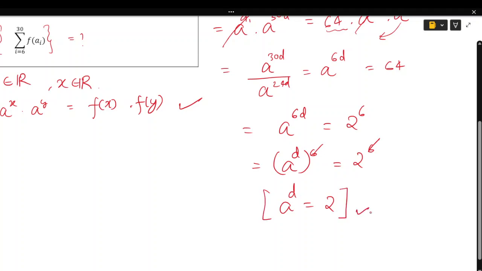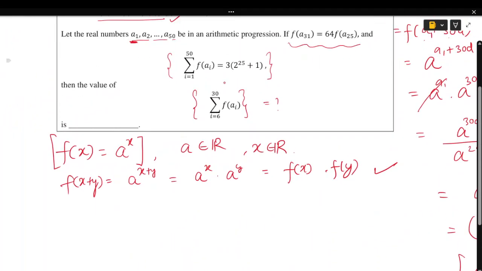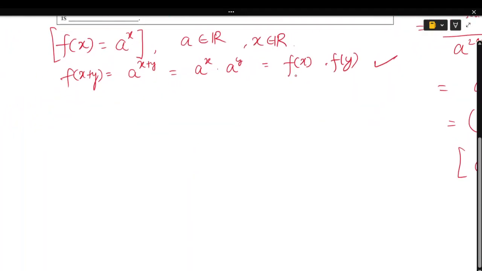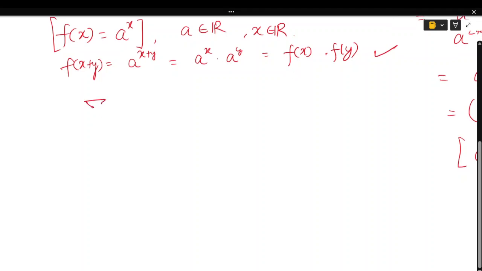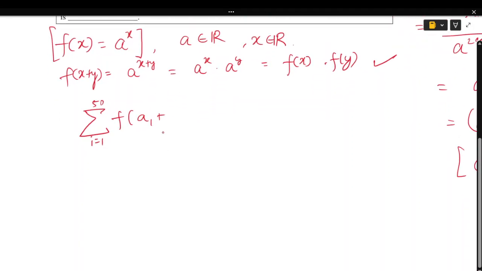This is your first success. Now the second success comes out from the second equation. This has been given, so let's use this. We have summation i equals 1 to 50 of f of ai. Now ai, the general term, is a1 plus n minus 1 times d, but no, it's not n minus 1 because it's the ith term, so it will be i minus 1 times d.